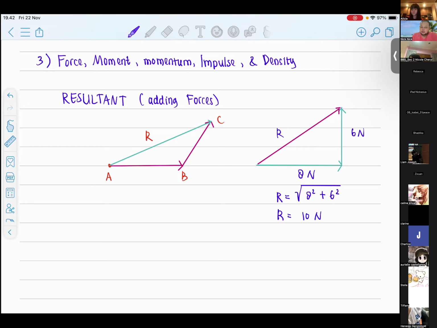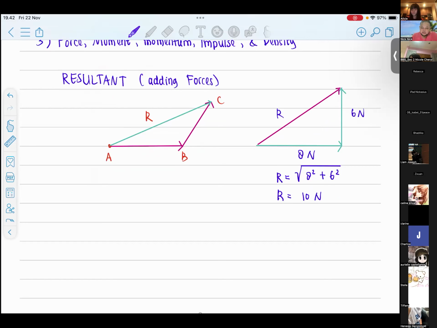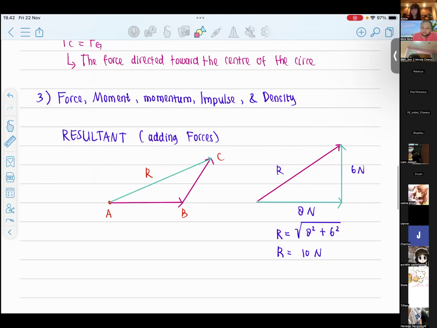And if there is a force, students, a graphic resultant is still a resultant.